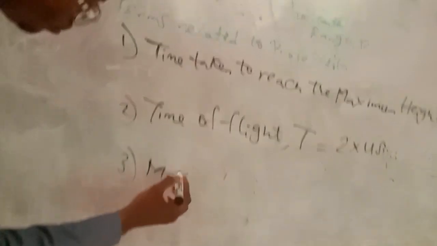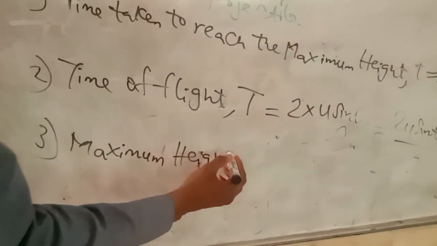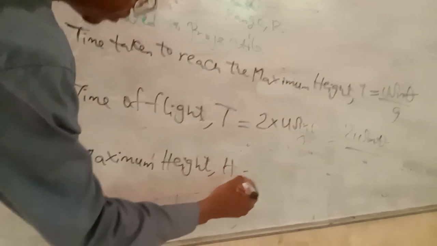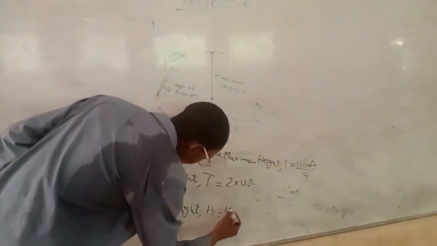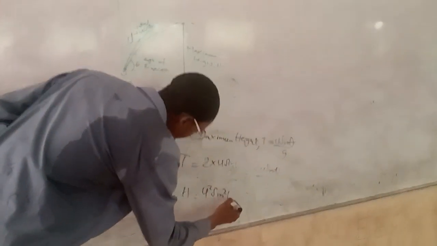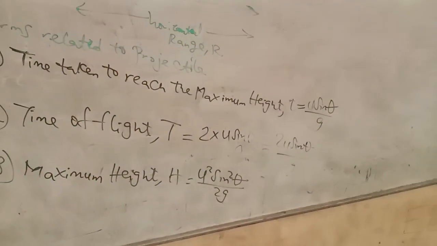Now, the third one is the maximum height. The maximum height, which is H, when you want to find it, the formula we use is u squared sine squared theta over 2g.